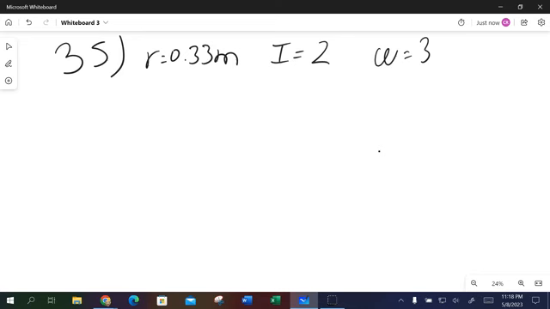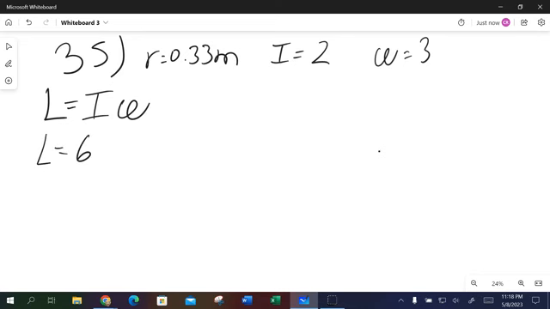Well, it's asking us for the magnitude of the average torque exerted on the wheel as it slows down. So what we're going to do here is use the equation rotational momentum is equal to moment of inertia times angular velocity. So we're going to get L is equal to 6.